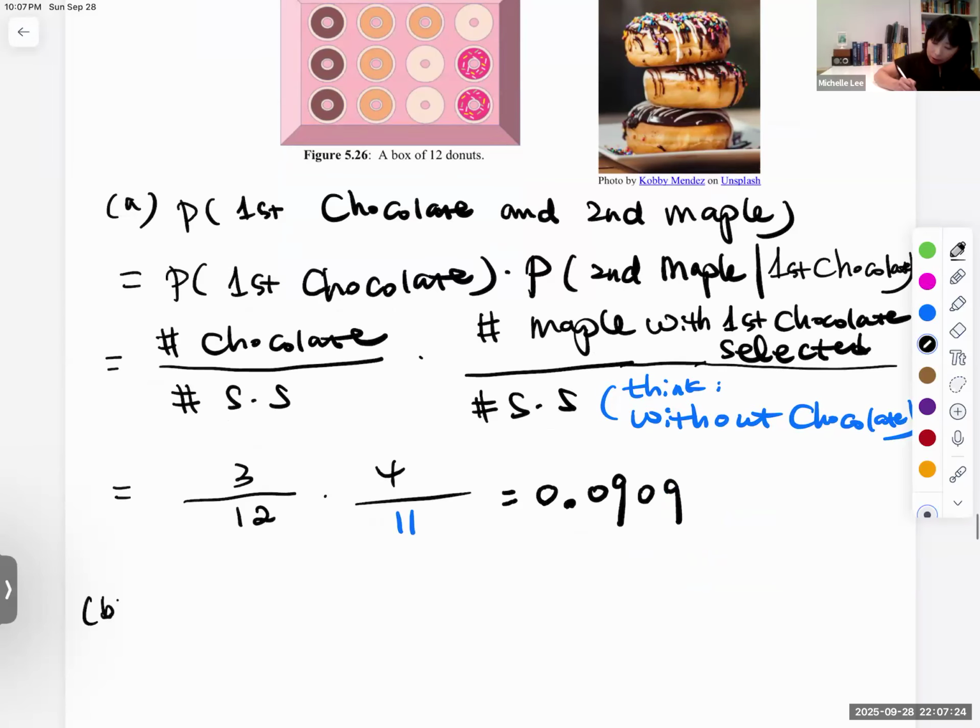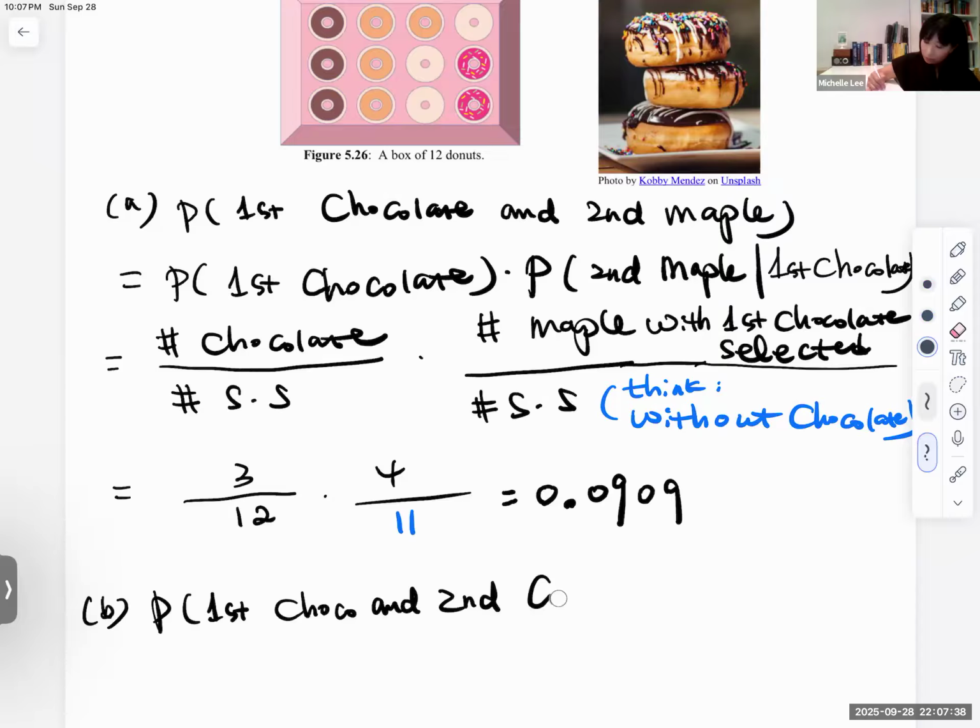All right, second one: the first three donuts are all chocolate. Okay, so second one, first chocolate, and second chocolate, and third chocolate.